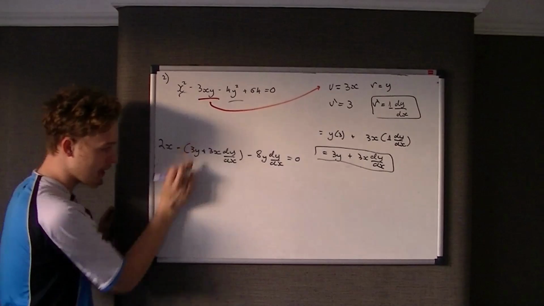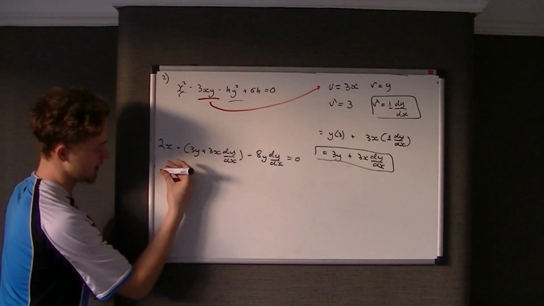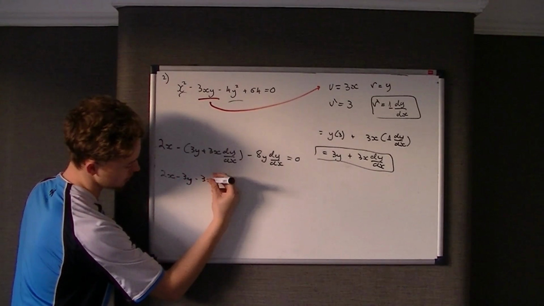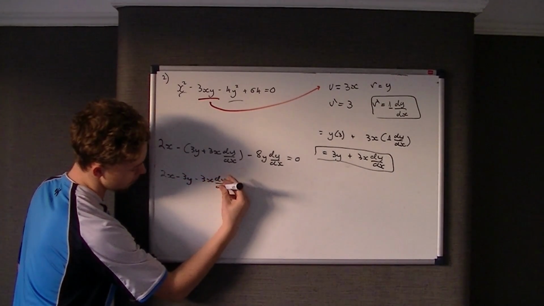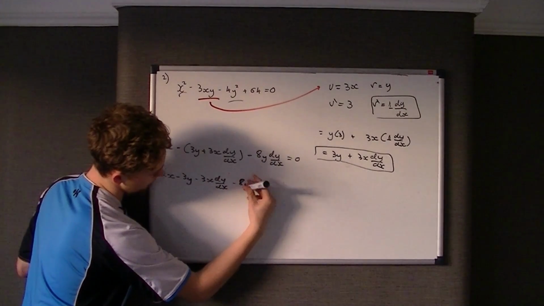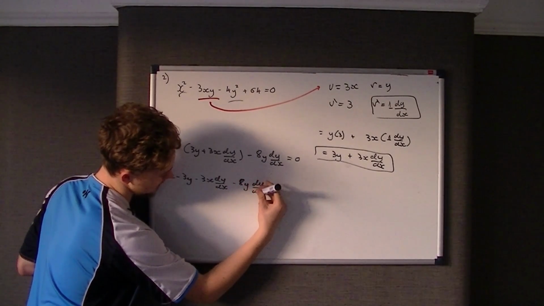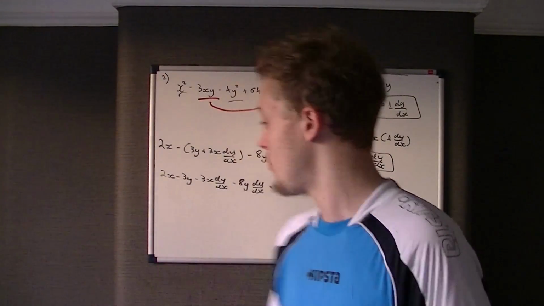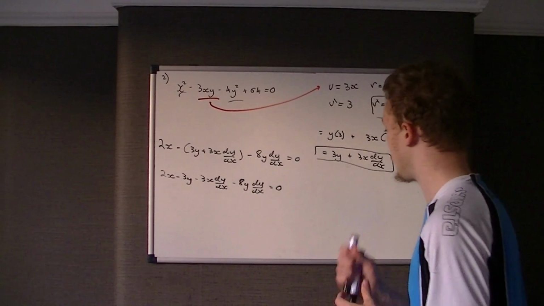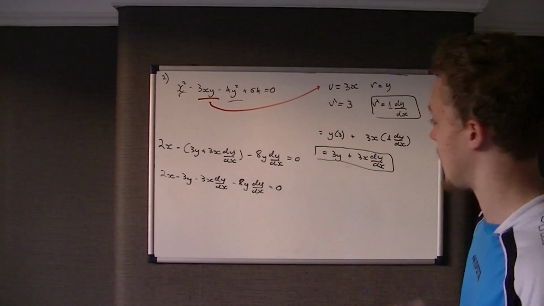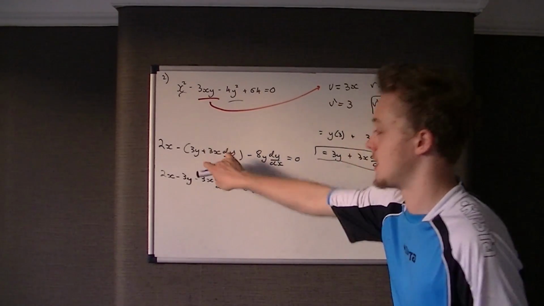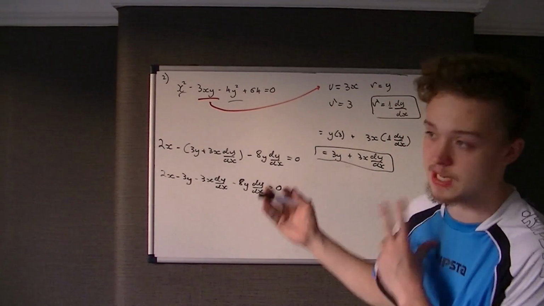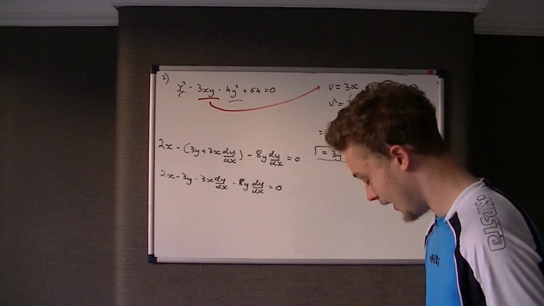Now you may be going, why did we put brackets there? It's obviously just 2x, take 3y, take 3x dy/dx, take 8y dy/dx, equals 0. The reason I did that is because some differentials might have differentiated to get 3y, take 3x dy/dx. And if you had a minus there, that would mean you take away a negative 3x dy/dx. Now that's not the case for this, I'm just probably confusing you.